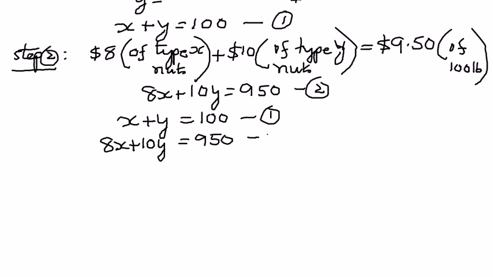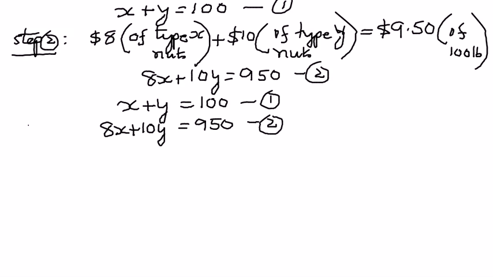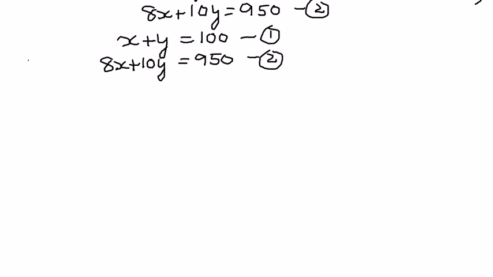These are our system of linear equations, and the two unknowns here are x and y. X represents the amount of type X nuts, and Y represents the amount of type Y nuts. So with this information, we can use matrices from this point on to be able to solve this system of linear equations.